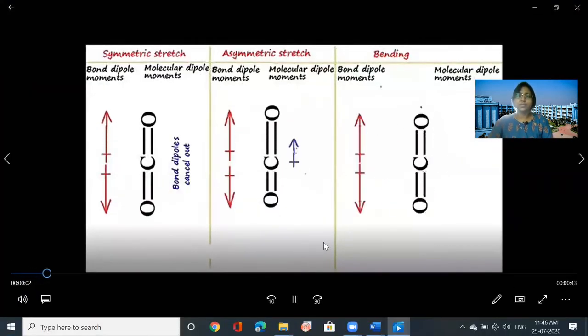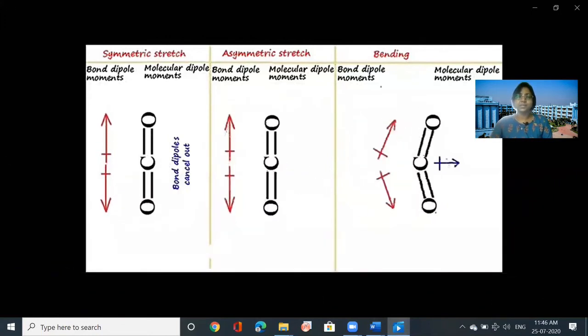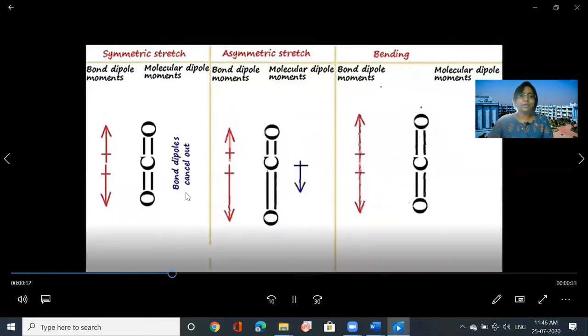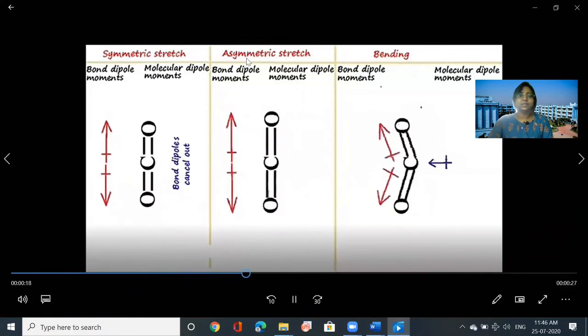Okay, this is the funny video. It looks like they are dancing. So, bond dipole. Here you can see it is the symmetric stage. The second one is the asymmetric stage. The third one is the bending.